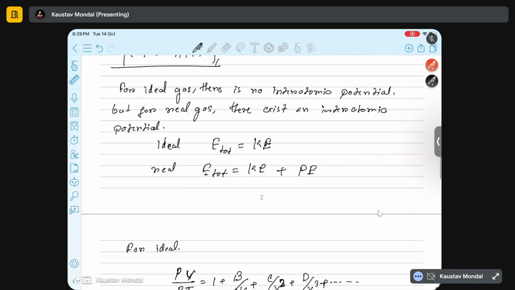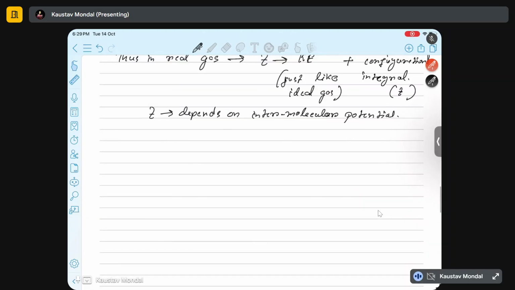So the ensemble partition function Q is related to the configurational integral by Z divided by lambda to the power 3N.